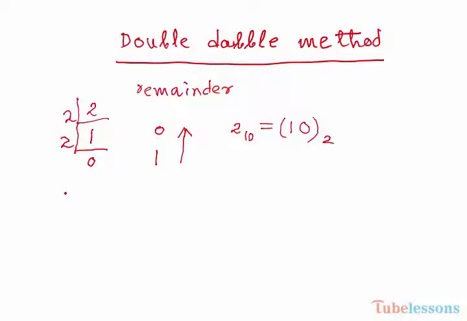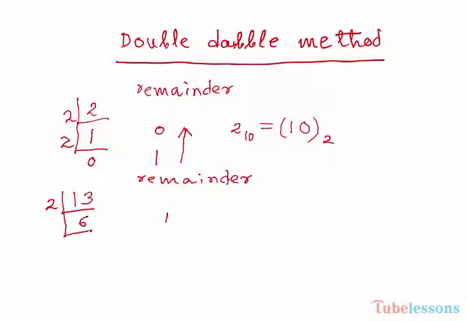Next example. Convert decimal number 13 into a binary number. So divide it by 2. 6 times 2 equals 12, so the remainder is 1.